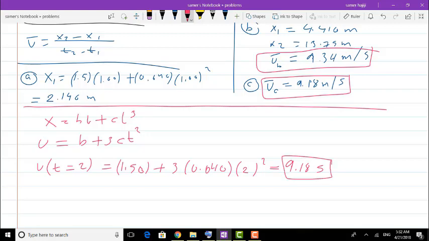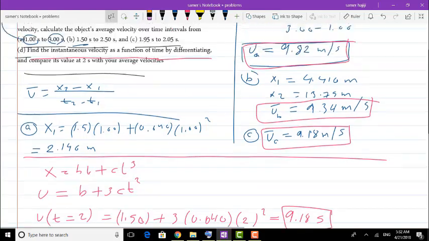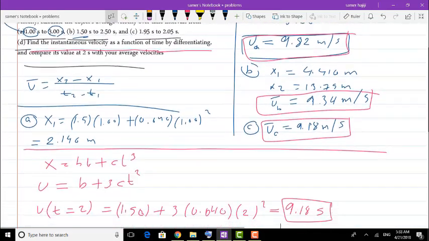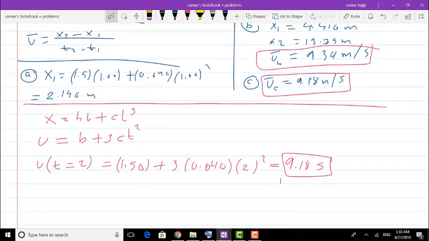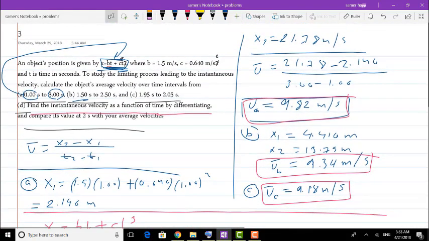What we have to notice is that the average time for each interval of time is the same, which is 2 seconds. So from 1 to 3, the first interval of time, the average time is 2. So we are calculating the average velocity around 2 seconds.